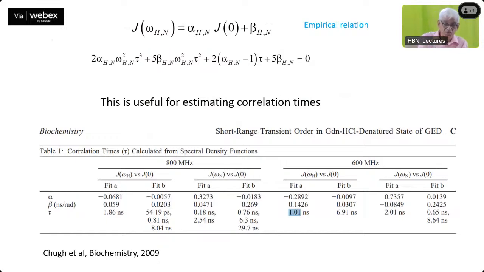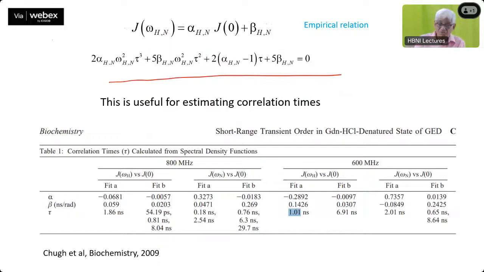Explicitly, you put the spectral density functions for J0 and J omega HN into the equation, and in terms of the correlation times and the frequencies, you get a cubic equation like this, which contains the frequencies and the correlation times.